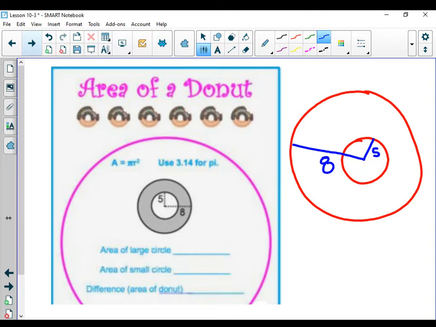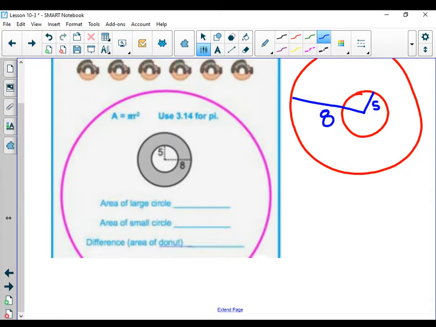Do you remember what we did? Subtract. So now we're gonna have to do big circle, little circle, subtract. What's the radius of my big circle? 8.